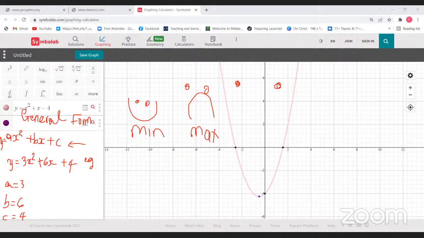Let me say it again: a is the coefficient of x squared, b is the coefficient of x, and c is the constant. It is -4. So what's the value of a now?